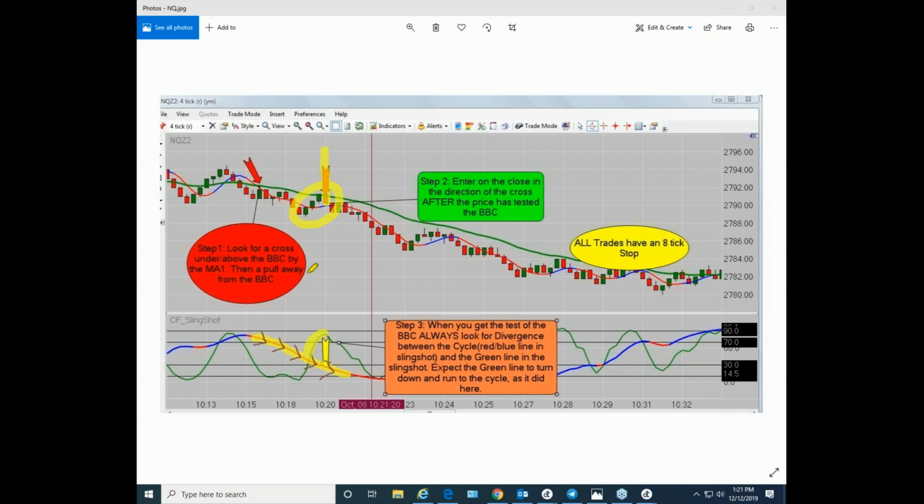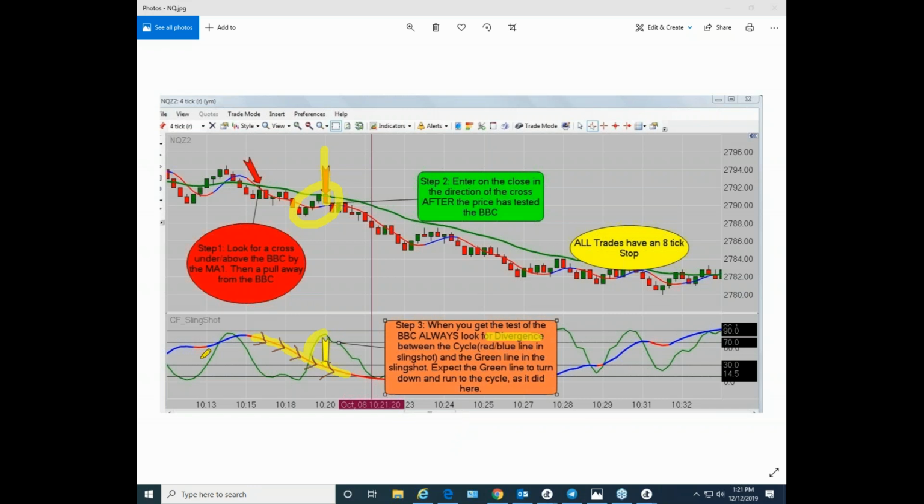It's saying, look, this is just a pullback in this ongoing downtrend. That's what that's telling you. All right. This space in between here that's highlighted, that's the separation or the divergence that Michael is talking about in the room.